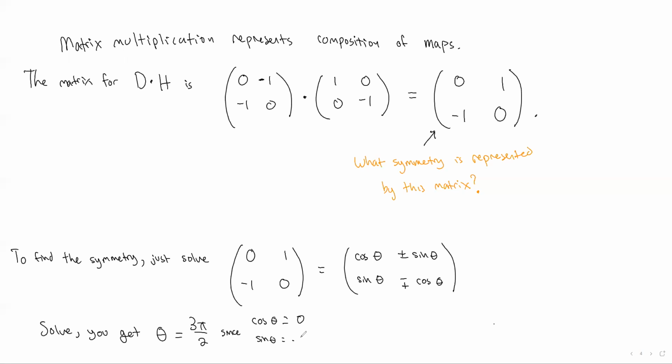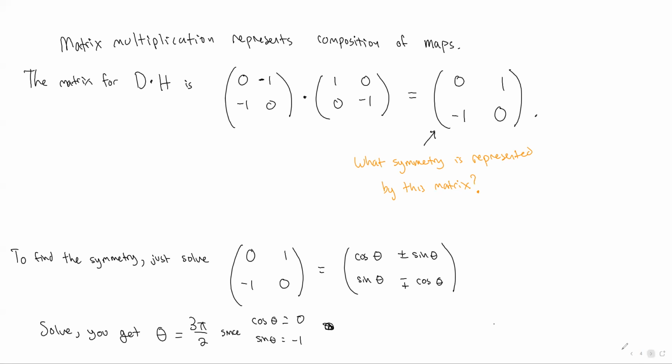Sine theta equals -1, and so that means (0, 1, -1, 0) is cos 3 pi over 2, sine 3 pi over 2, negative sine 3 pi over 2, cos 3 pi over 2, which is the matrix for rotating by 3 pi over 2.